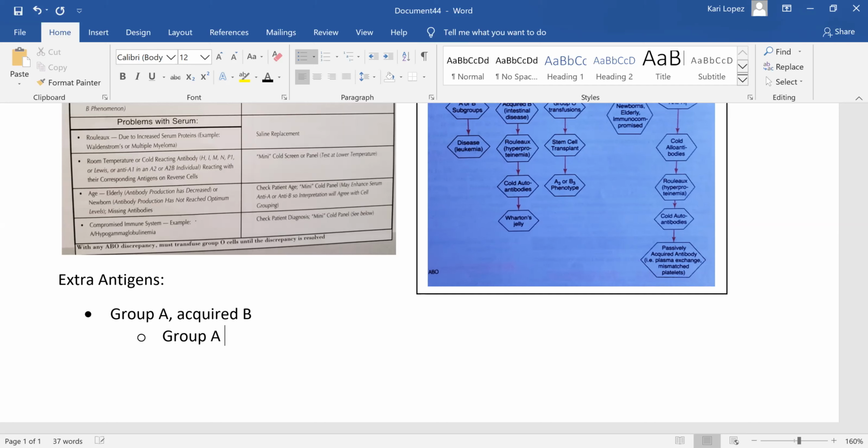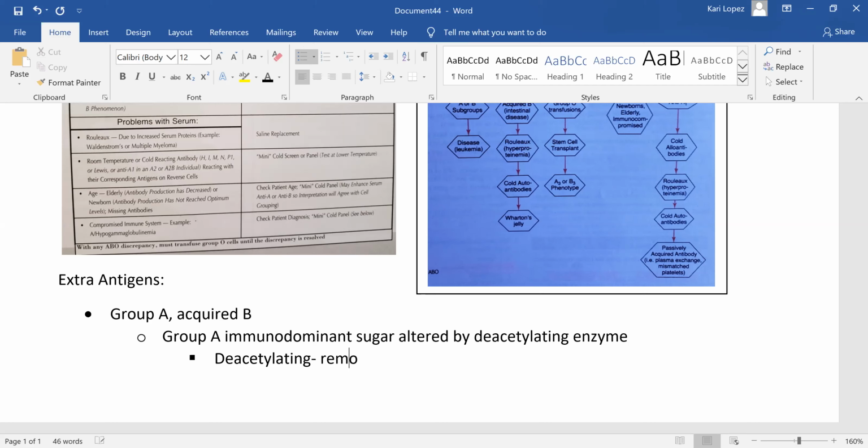Deacetylating removes the acetyl group, and that is essential to gene regulation.